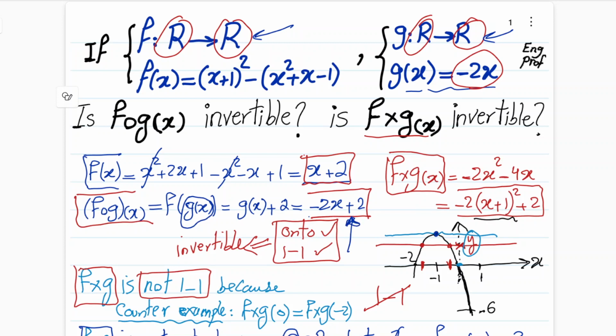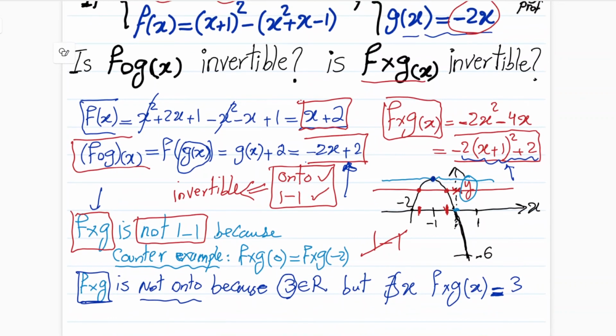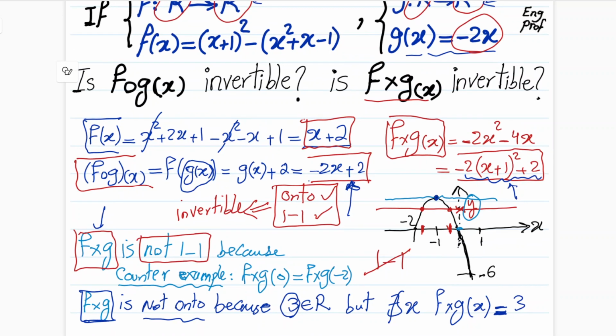But for the product of f and g, given what we found, it is obviously not one-to-one, it is not onto, and therefore it is not invertible. I hope this example is helpful in reviewing what you need to do when questions about composition or product of two functions are asked.